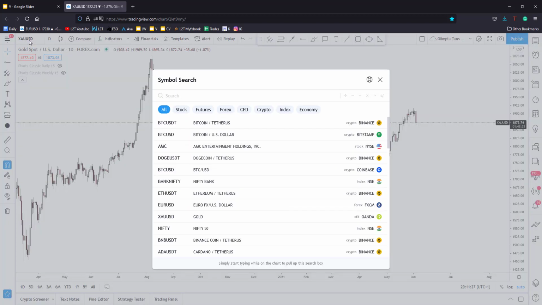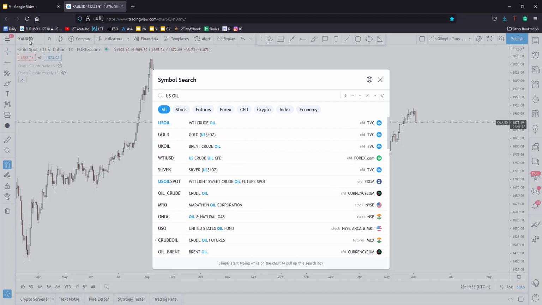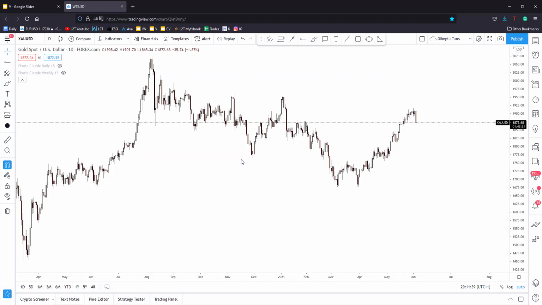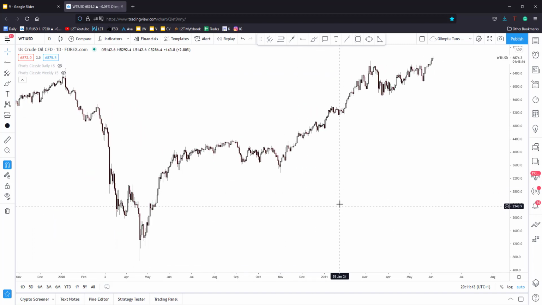Also, let's take another example, such as the US oil. So here we have the US oil.